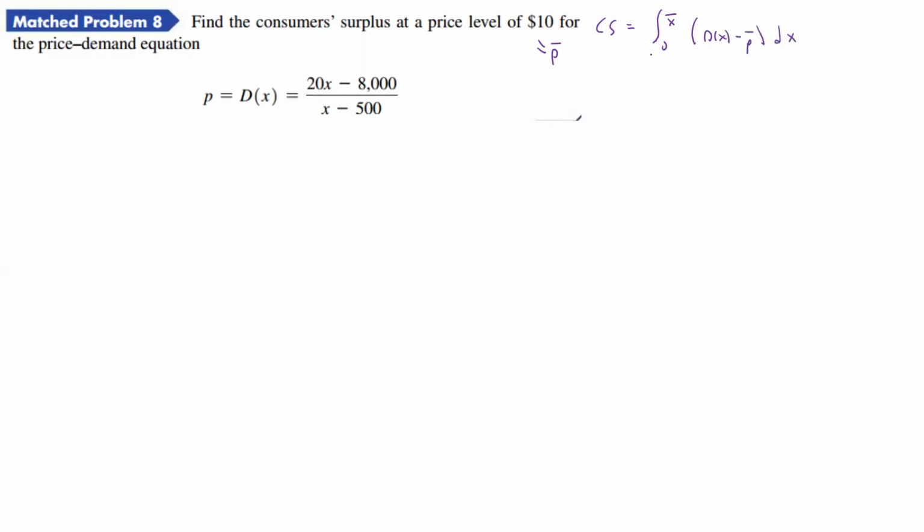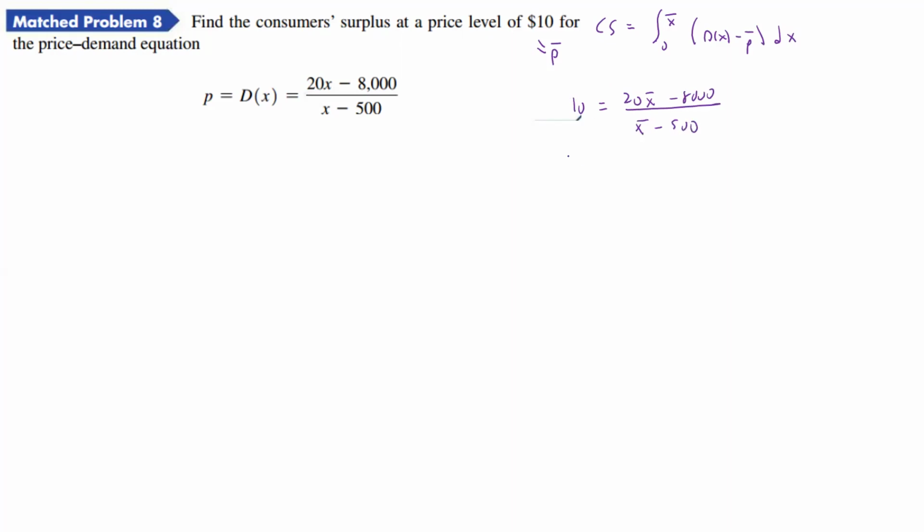All right, so we need to find x bar. If p bar is 10, then 10 is equal to 20x bar minus 8,000 over x bar minus 500.